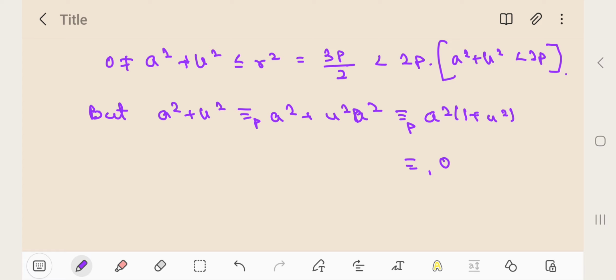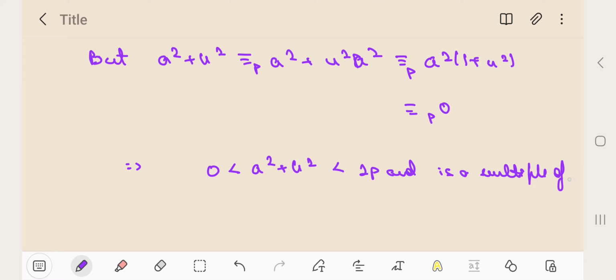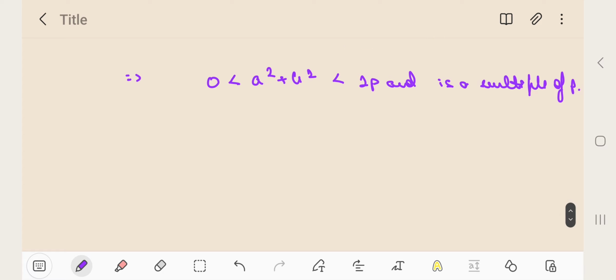So this is just congruent to 0 modulo p, which means that a square plus b square is less than 2p, greater than 0, and is a multiple of p. The only multiple of p which is greater than 0 and less than 2p is p itself. So this implies that a square plus b square is exactly equal to p.